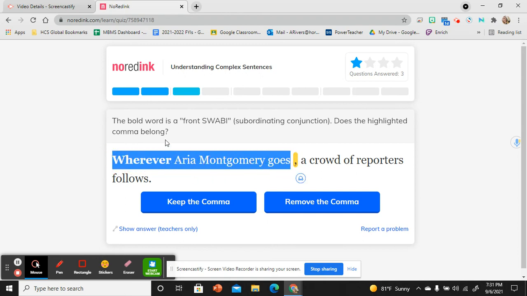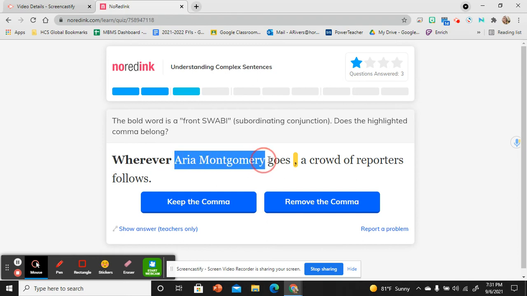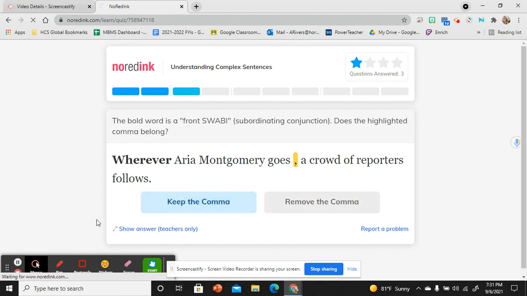And it is going to depend on the rest of this sentence over here to give us our information. When we see that SWABI at the beginning of the sentence, we know that right after that first independent clause that follows it, when that independent clause ends, we need a comma. So wherever Aria Montgomery goes, comma, a crowd of reporters follows, we're going to keep the comma.